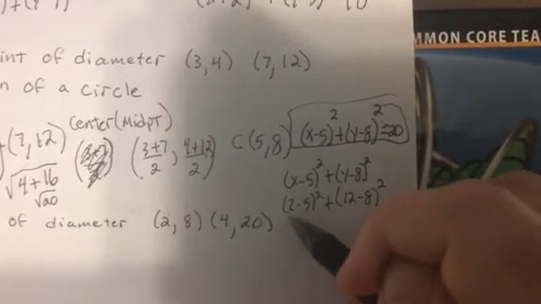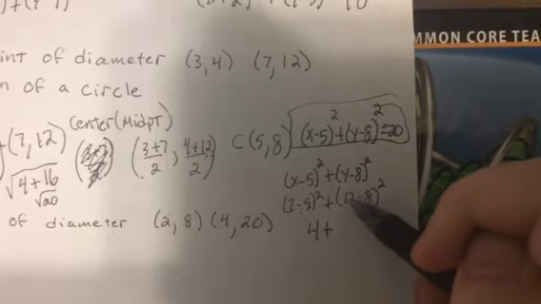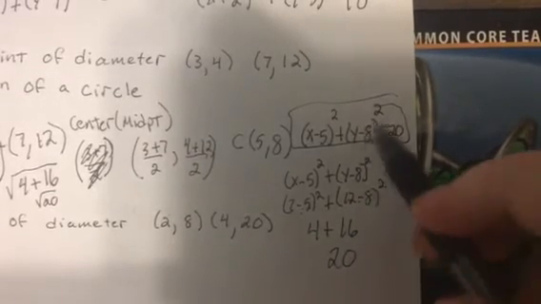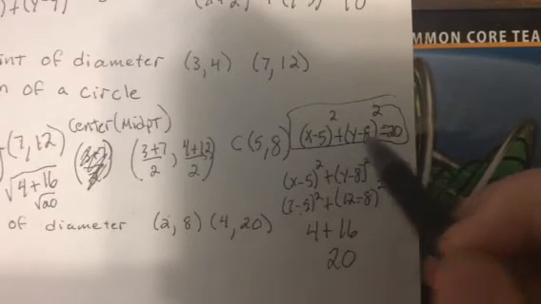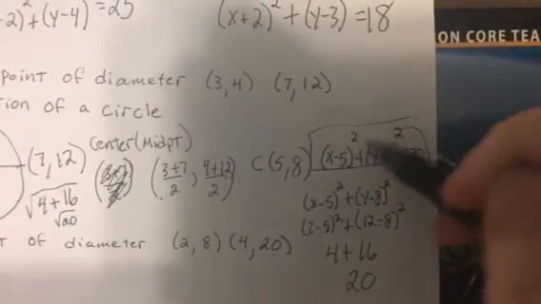And notice, 7 minus 5 is 2. 2 squared is 4. Plus 12 minus 8 is 4. Squared is 16. That has to be what the equation equals, because the endpoint is on the circle. It caused it to be true. So therefore, this is my answer.